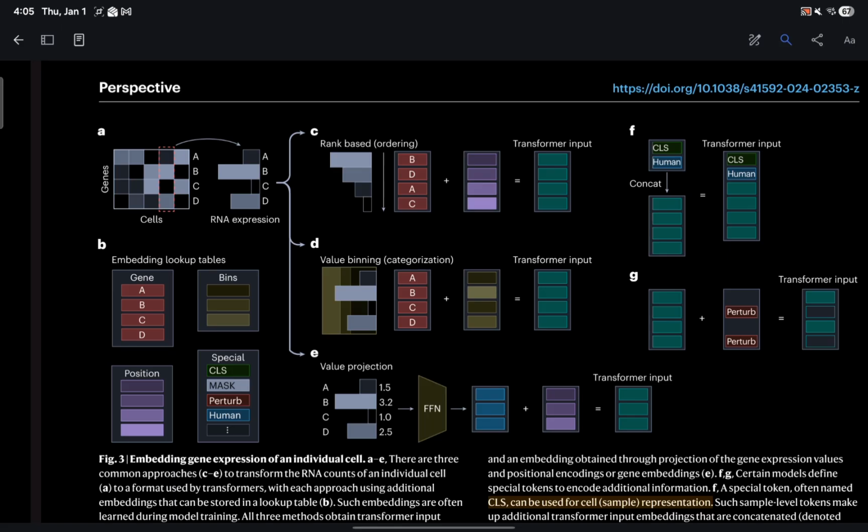One is sorting our genes, basically based on how much they are expressed compared to average, or you can have some embedding lookup tables, and you multiply it by your bins, and then that will make your input, or you can have positional encoding and some special tokens.